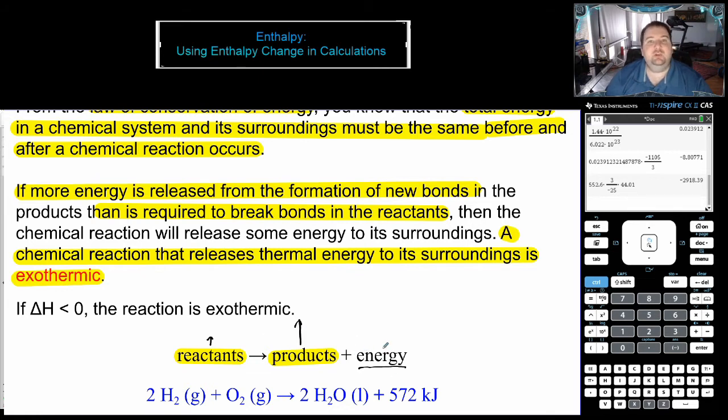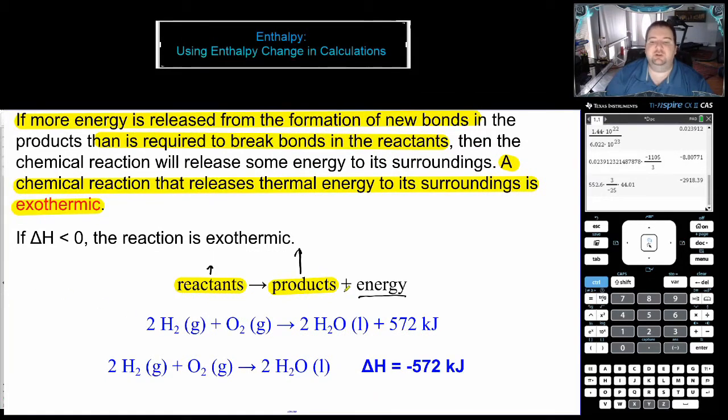Energy is produced in the reaction. Okay, think of it as like a balancing scale with more energy being released on the product side, and that energy, of course, is going to go to the surroundings. So this is going to kind of give you some starting points for thinking about exothermic reactions.